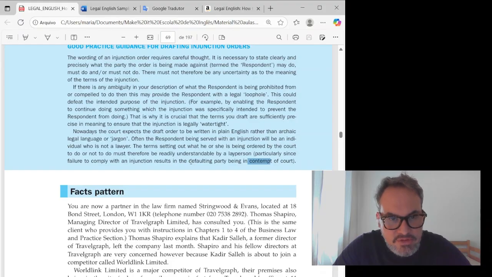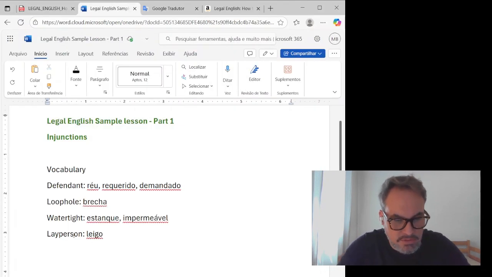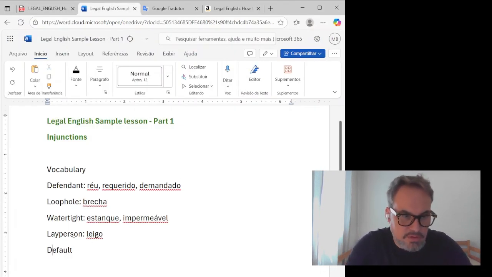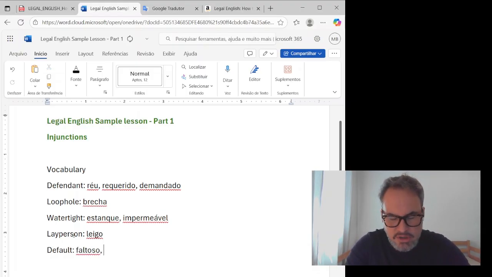Oh, defaulting part. Default is good, right? Default can be translated as faltoso or inadimplente. The defaulting part would be a parte inadimplente.